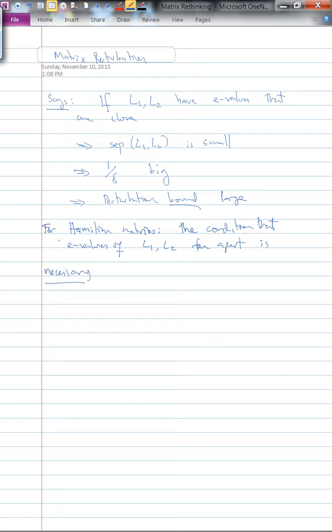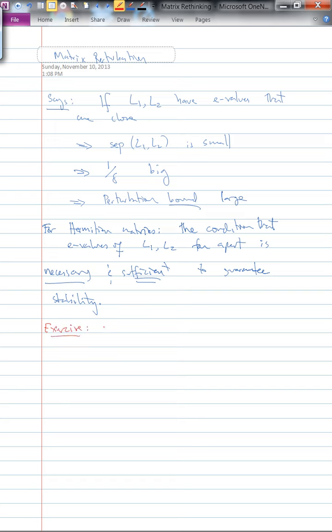Necessary is what we just proved in the previous theorem, but it's also sufficient to guarantee stability. But it's not true in this case. So here's a following exercise which shows that.